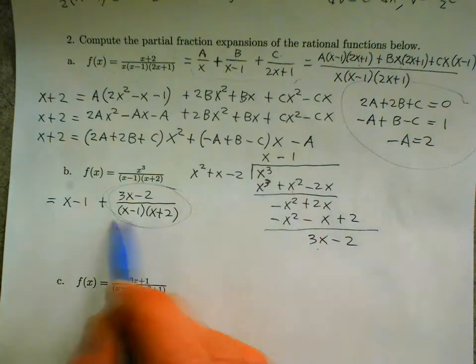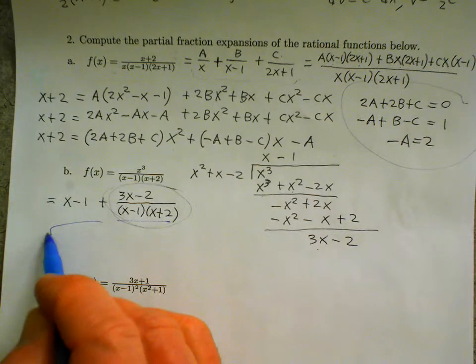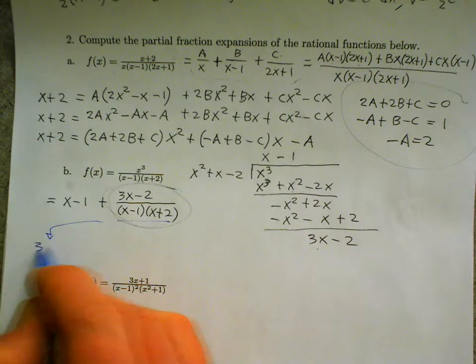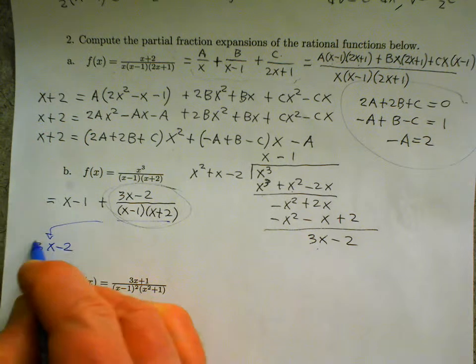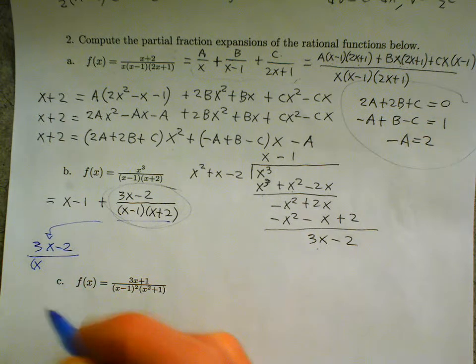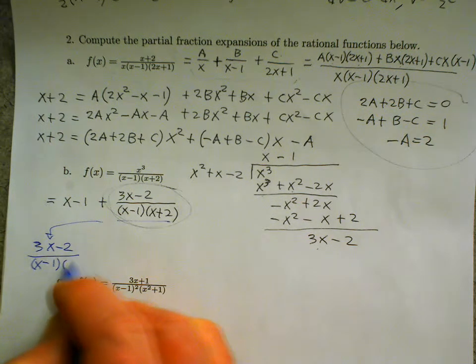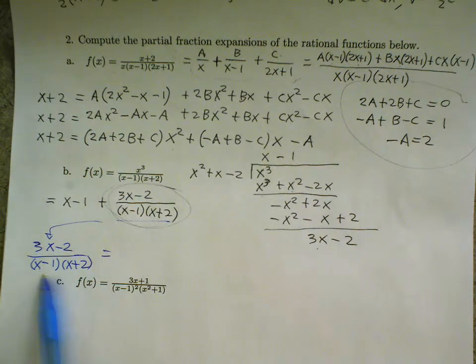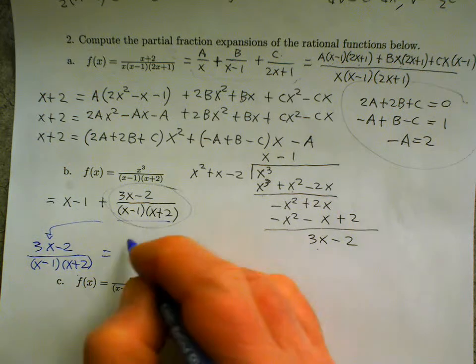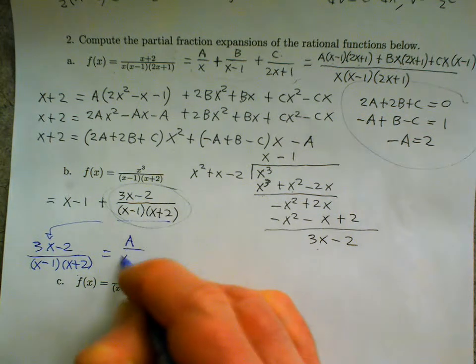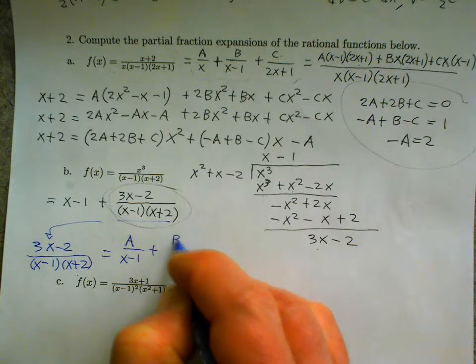But we're going to look at this by itself. So 3x minus 2 over x minus 1 times x plus 2. The two factors in the denominator are both linear, so we can write the expansion as a over x minus 1 plus b over x plus 2.